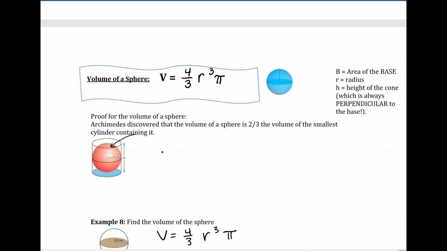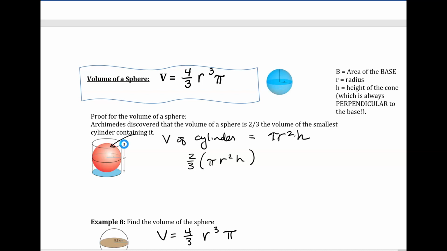So what we could do is prove this by identifying, well, what is the volume of the cylinder? We know the volume of the cylinder is pi r squared times h. And we know that the ball is supposedly 2/3 of that volume. Now, we don't have an h in the volume of the sphere formula, but we do have an r.